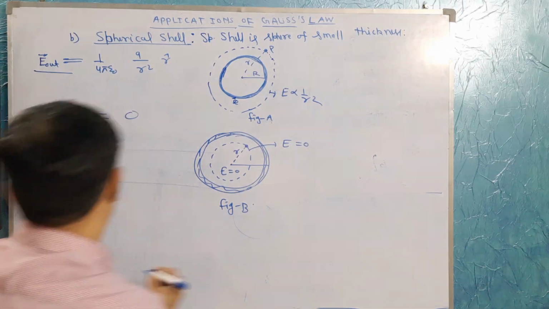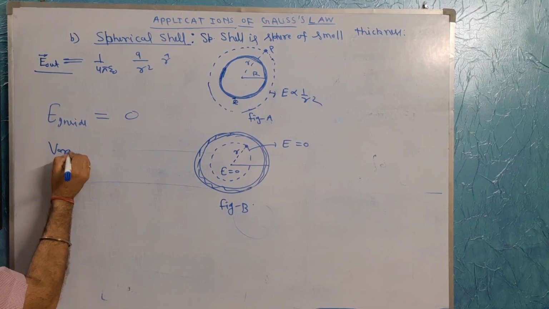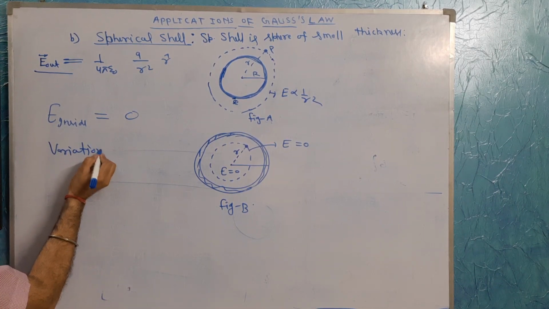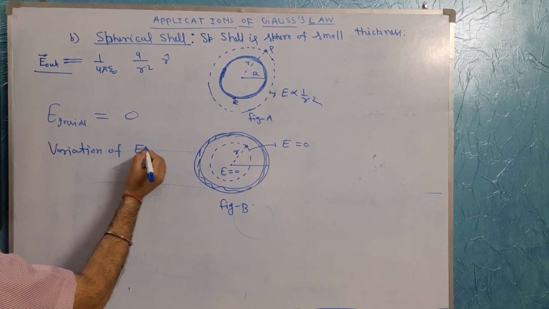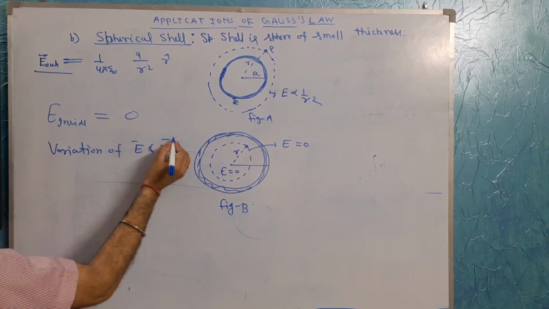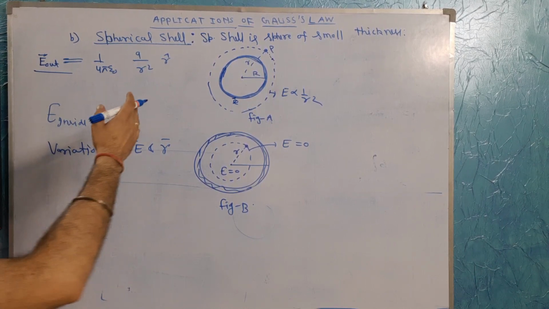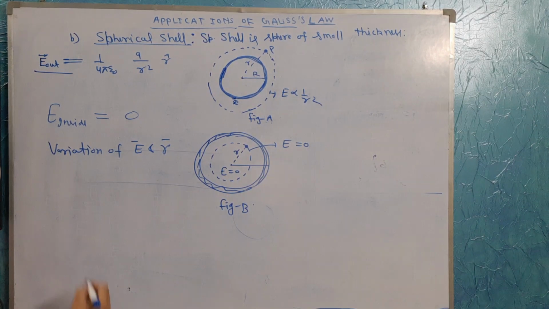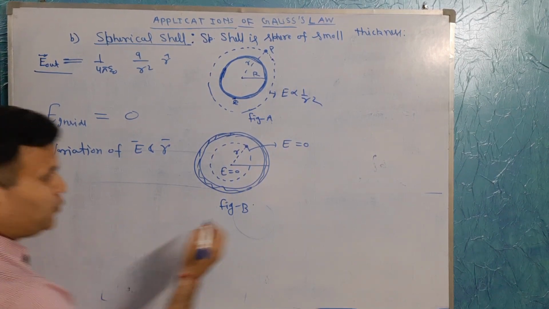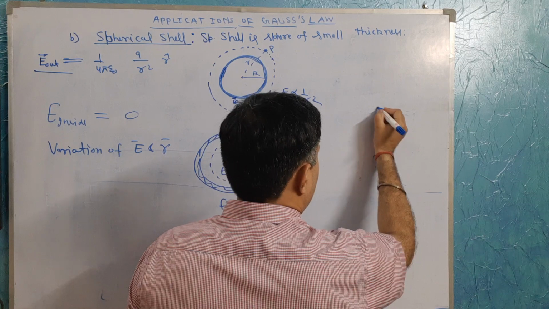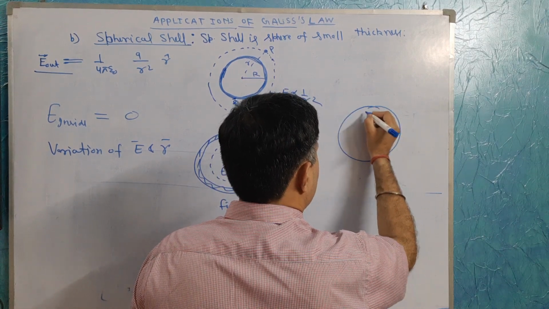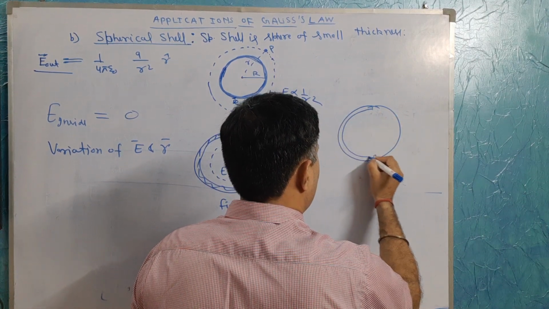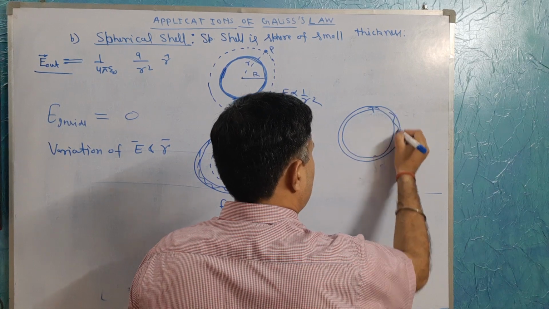So we can plot the variation of E and R for the case of a uniformly charged spherical cell.